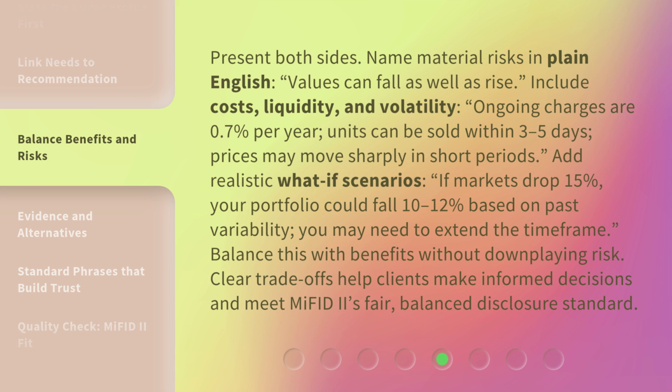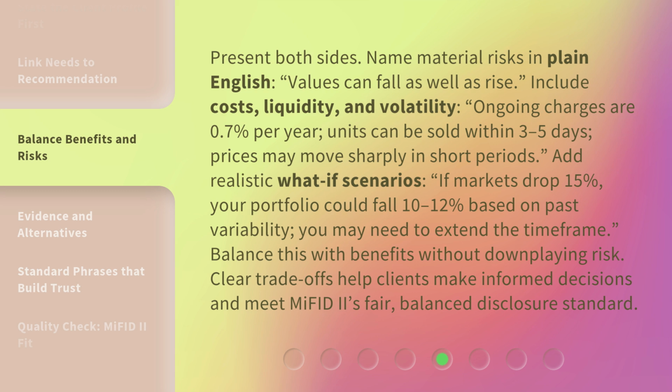Present both sides. Name material risks in plain English. Values can fall as well as rise. Include costs, liquidity, and volatility. Ongoing charges are 0.7% per year. Units can be sold within 3 to 5 days. Prices may move sharply in short periods.